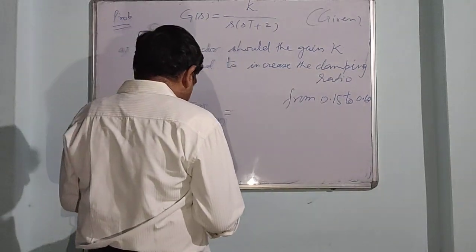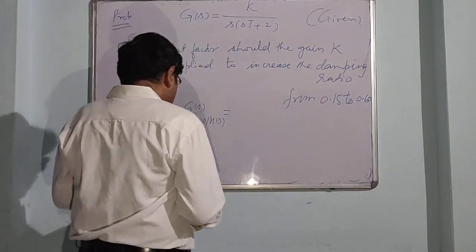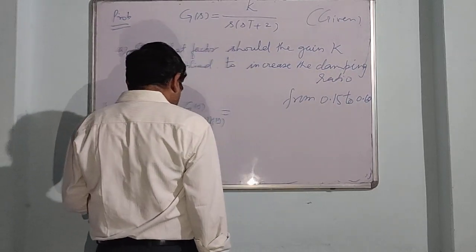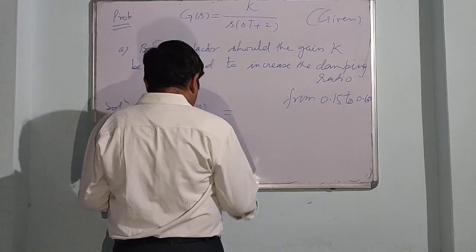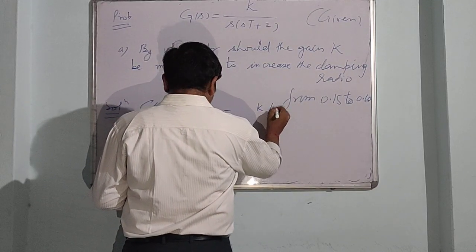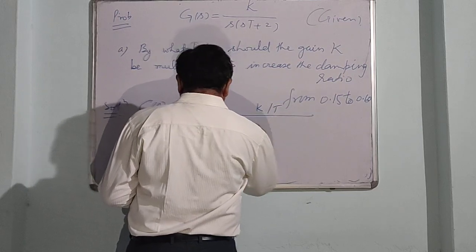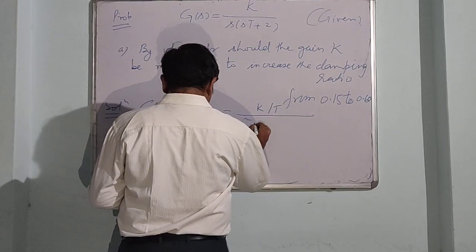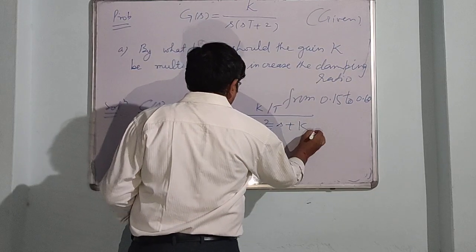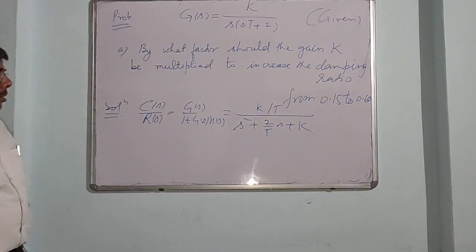I am writing directly: C(s) upon R(s) is K upon T whole divided by s squared plus 2 upon T s plus K upon T. You can solve and check.